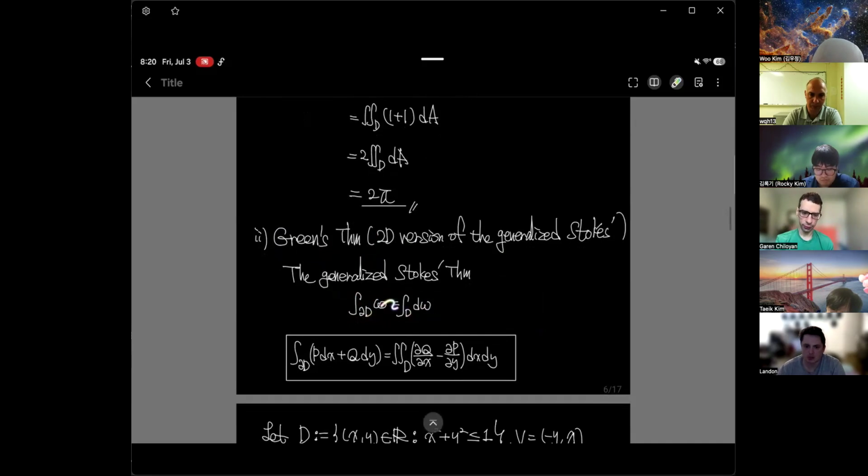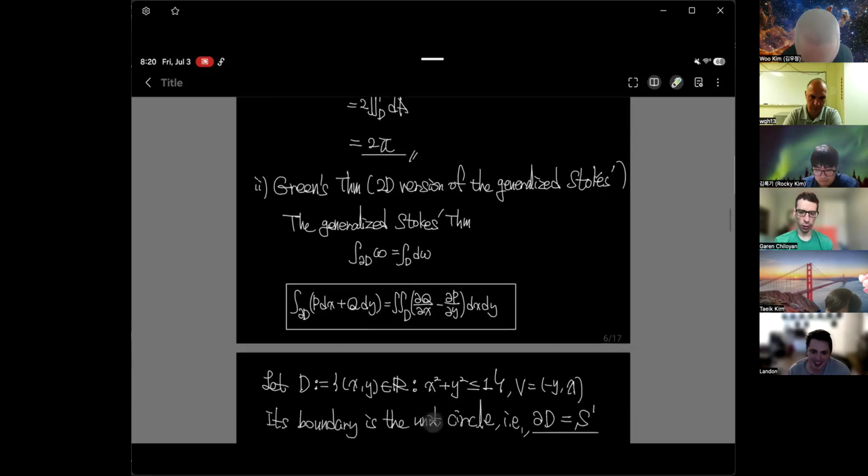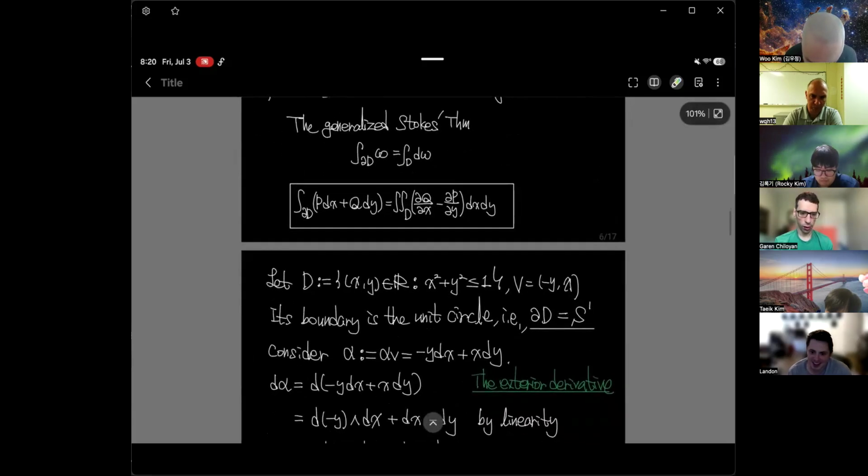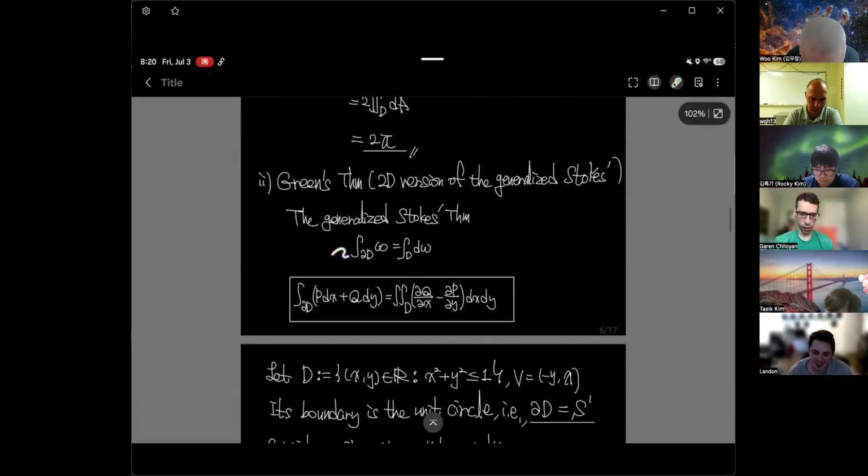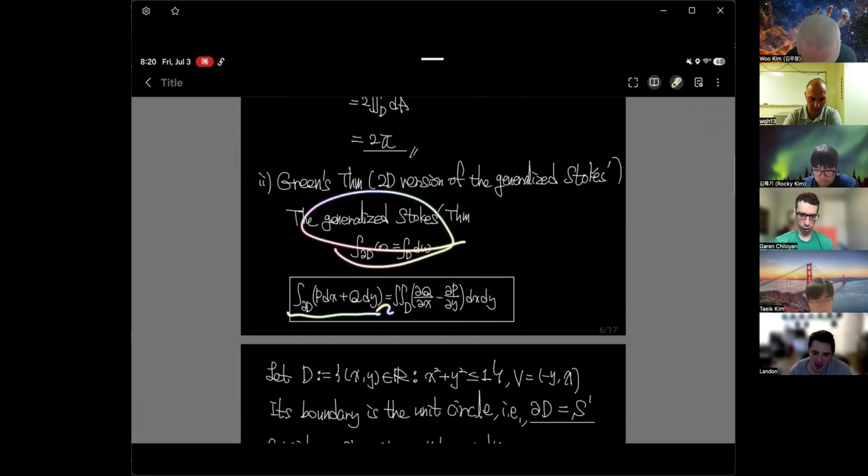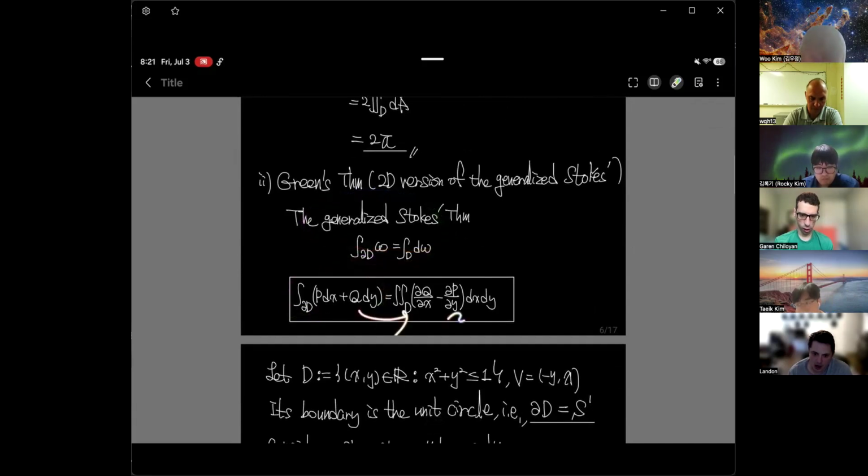And then this omega becomes d omega, and this boundary becomes d. It looks like an opposite operation. Okay, interesting. And then if we look at Green's theorem from this perspective, this boundary is going to become like this way.